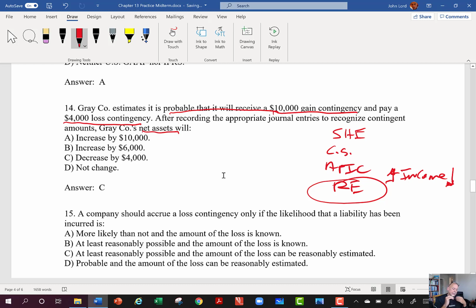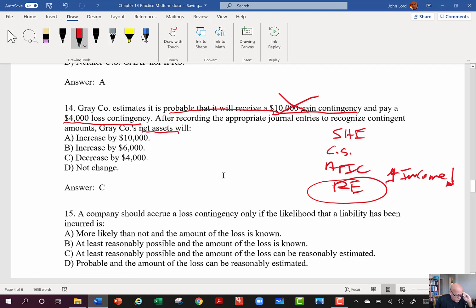But that is a very specific instance that we'll get into in Chapter 19. So for your purposes, you can pretty much say, yeah, gain contingencies are out there, but they're so rare that I'm always going to assume that when I see a mention of a gain contingency, I'm not going to take it, unless it's fitting under a very specific umbrella of things that we have talked about. This didn't use the word high, and it's not falling under a particular area that we really haven't gotten into much yet, so you're not going to take that.